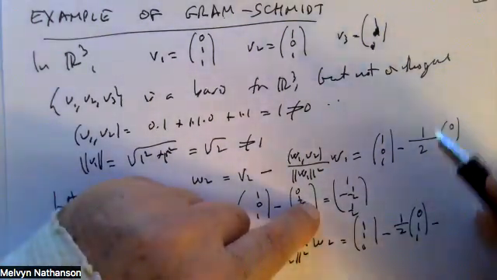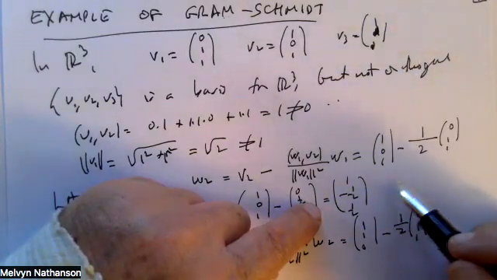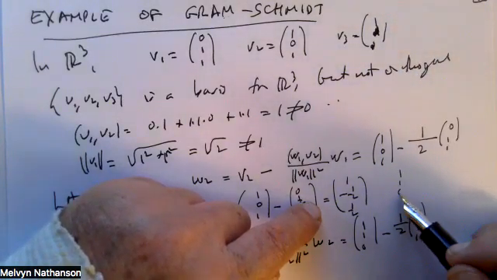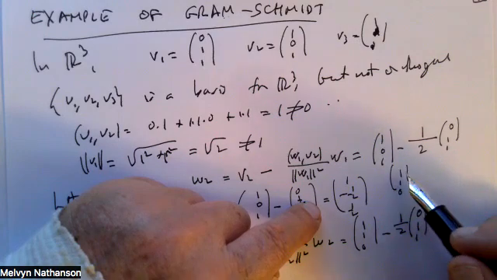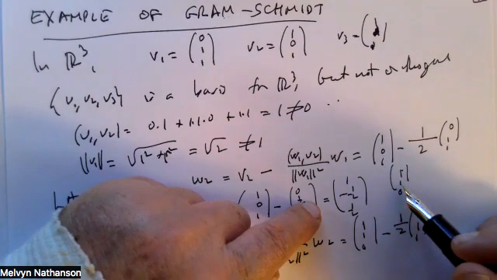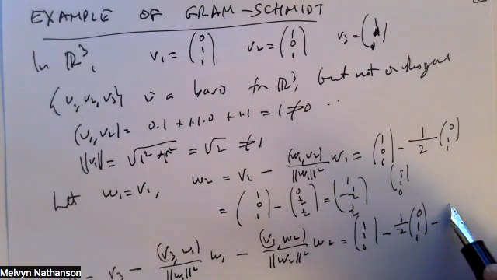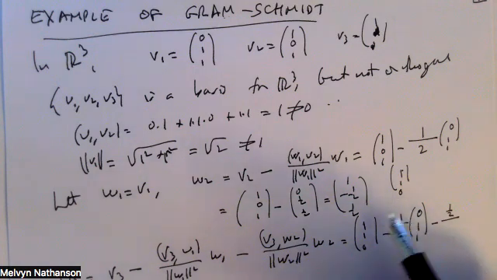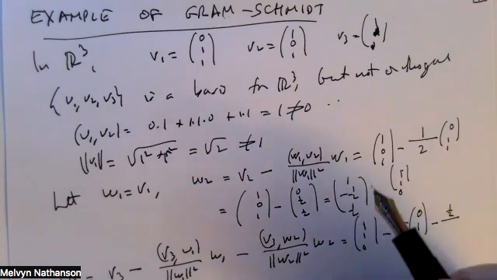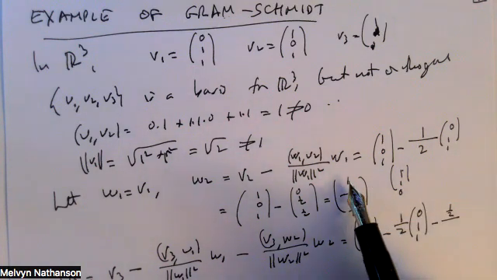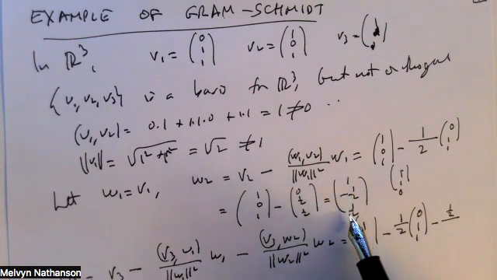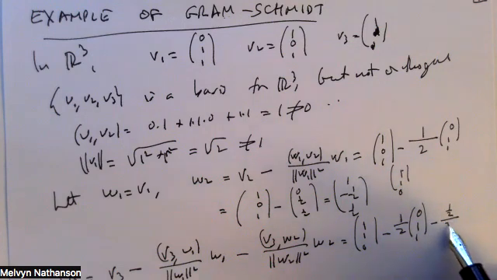This is W2. If I take the inner product of this with the vector 1, 1, 0, that's 1 minus a half. That's a half, over the length of W2 squared. The length of W2 squared is 1 plus a fourth plus a fourth. That's 3 halves, times W2.